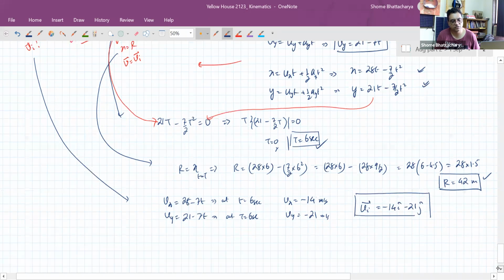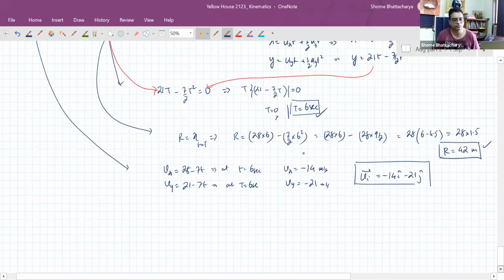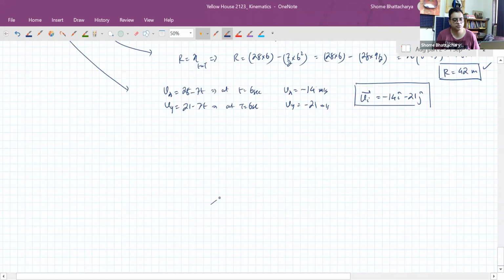Now it's easy to understand why the x component of impact velocity will be negative, because it's going and hitting like this.